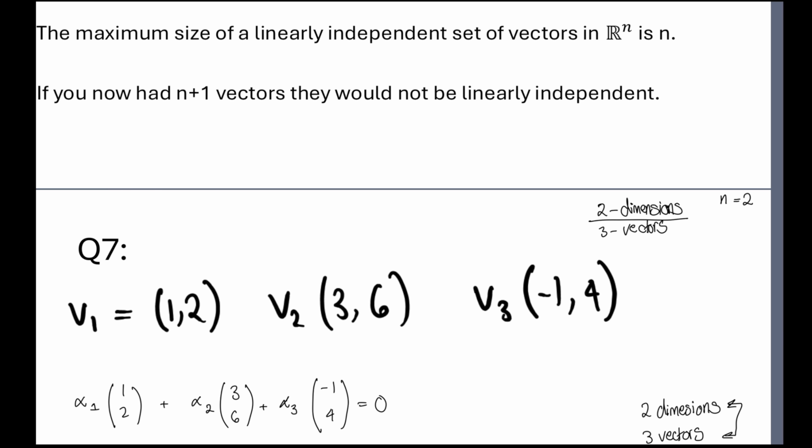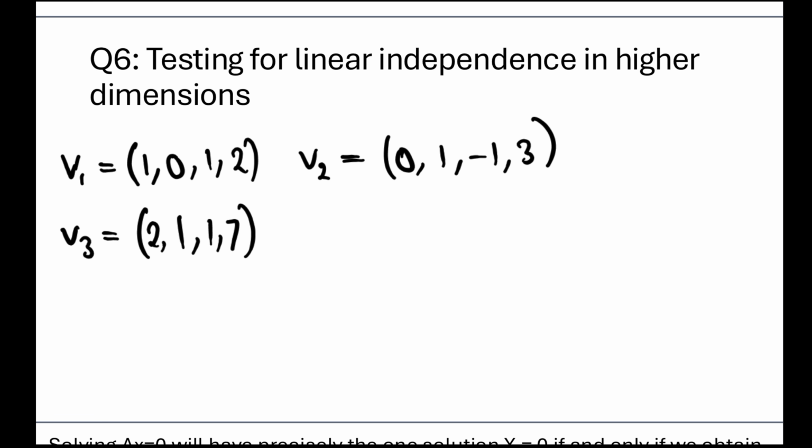If we look at question number 6, here we have 3 4-dimensional vectors. If we use our matrix method, we have 1, 0, 1, 2, 0, 1, minus 1, 3, and then 2, 1, 1, 7. If we now reduce this matrix, we will get 1, 0, 2, 0, 1, 1, 0, minus 1, minus 1, 0, 3, 3.